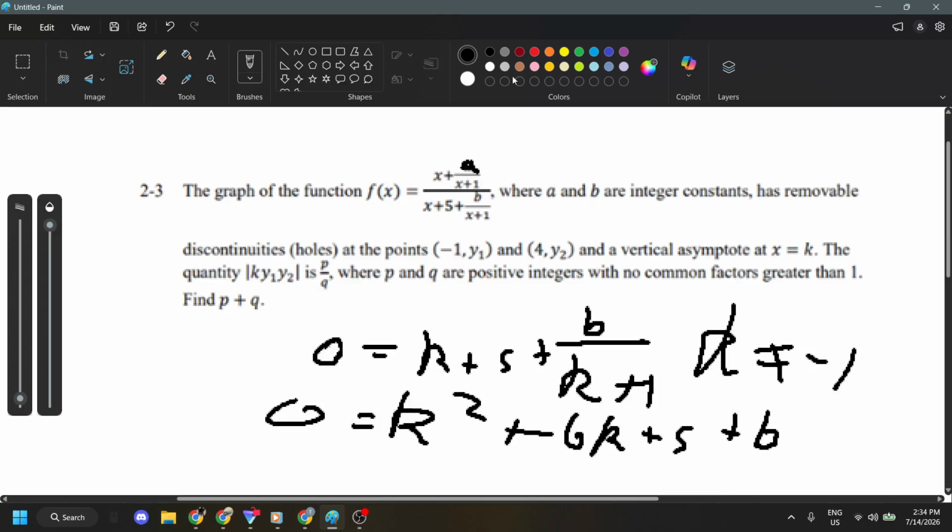We know vertical asymptote. Oh, wait, what am I talking about? This. Has removable discontinuities holes at the points.